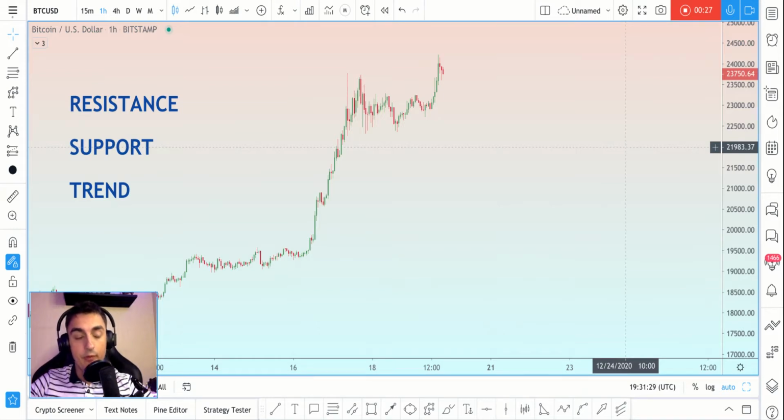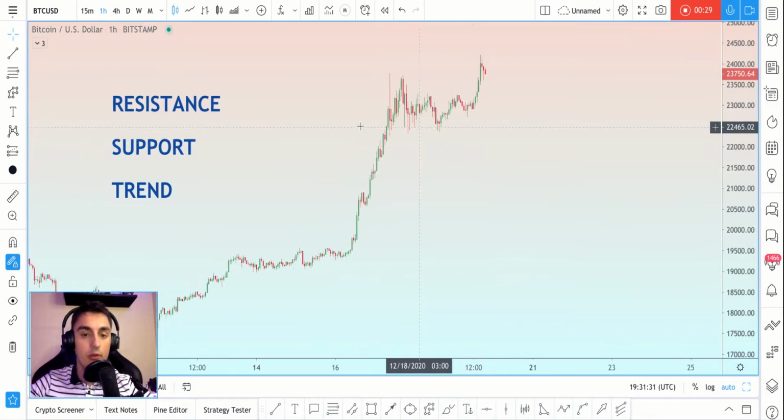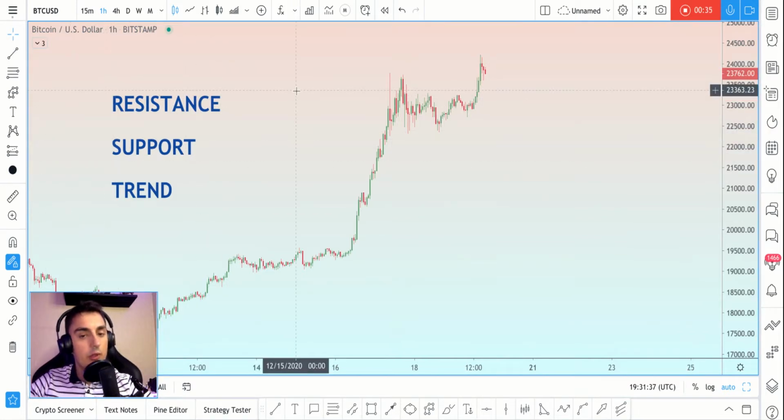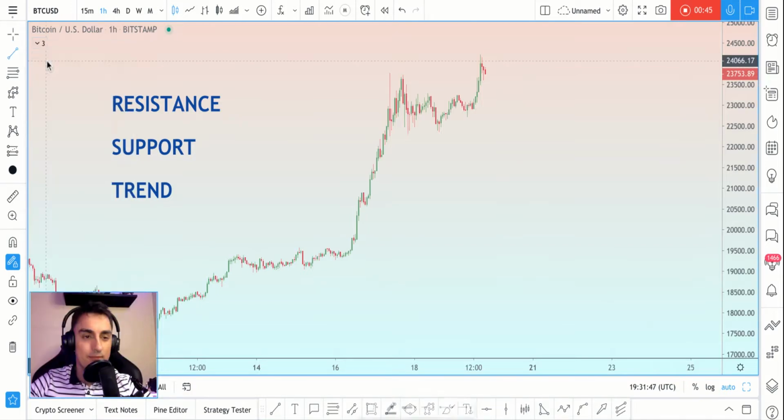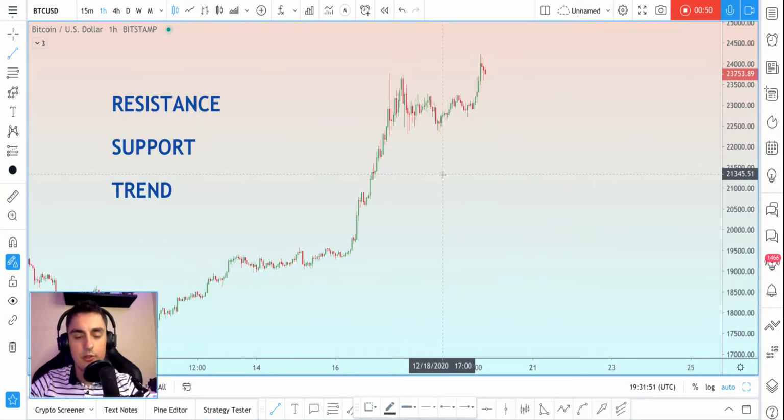So first of all, in order to build a support or resistance or trend line, there is a very simple and useful tool that you can find on the left toolbar on TradingView. This amazing tool is called Trendline, and we're going to use it quite a lot of times.